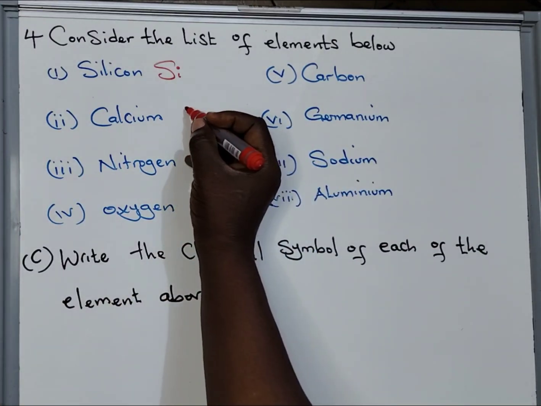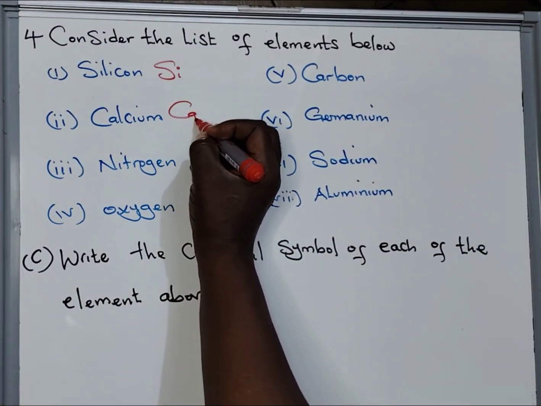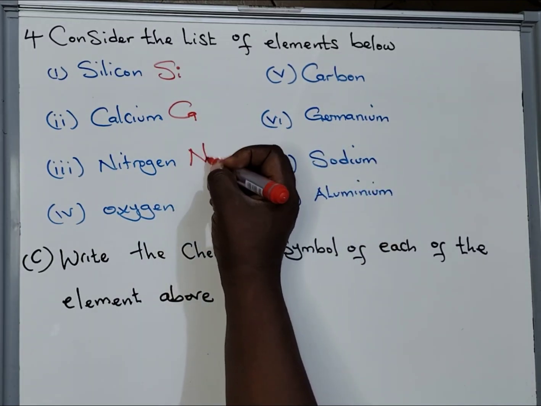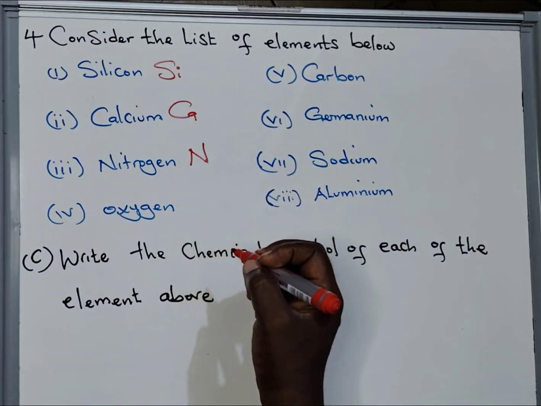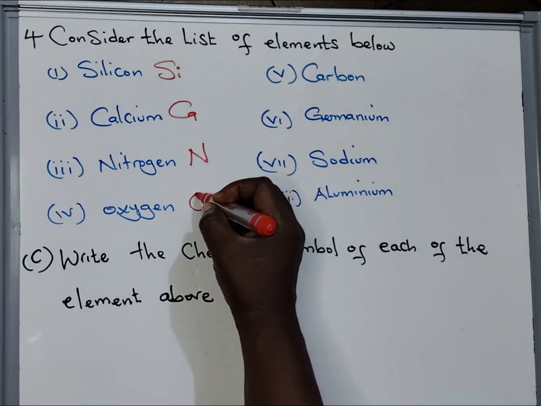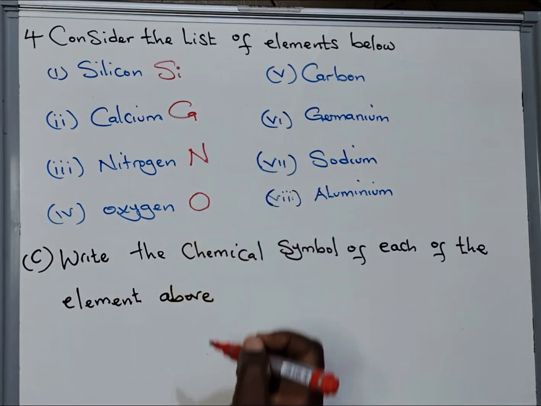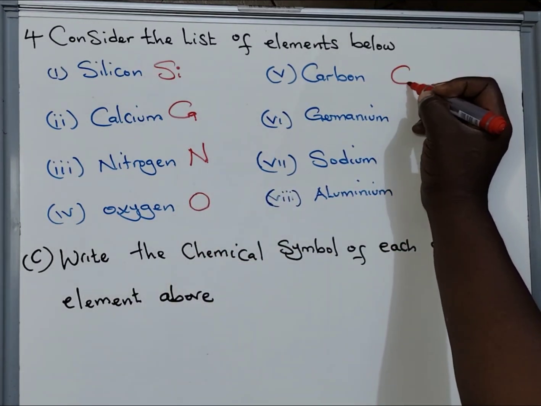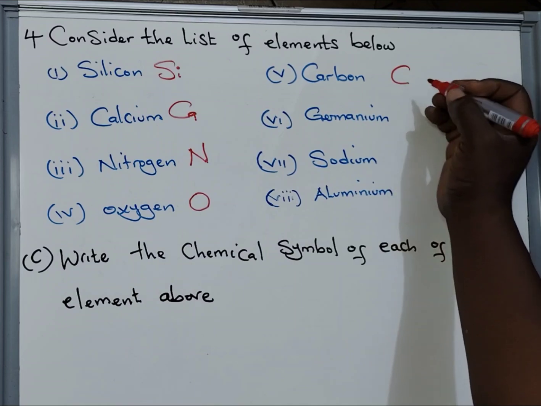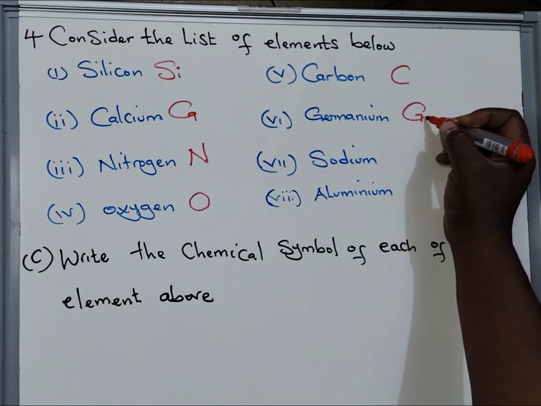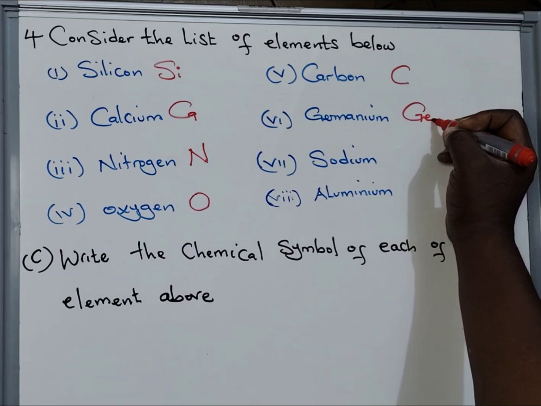Calcium, there are two letters, so it's going to be capital C, small a. For nitrogen, it's one letter, so it's capital N. Oxygen is one letter, so it's capital O. Carbon is one letter, so it's capital C. Germanium, there are two letters, so it's capital G and small e.